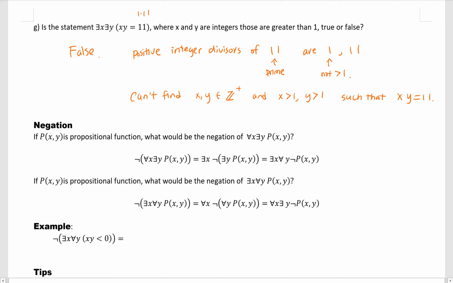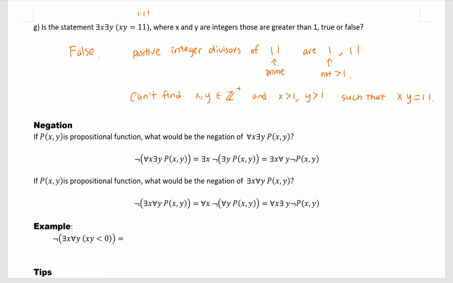Negation. So if P is a propositional function, what will be the negation of for all, there exists? Well, remember the not is really like the negative. It flips things.